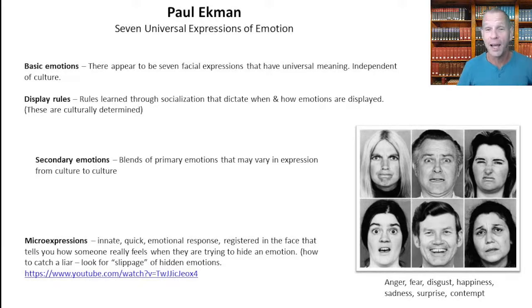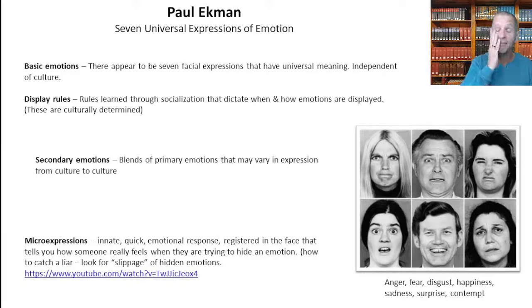And so, what this guy, Paul Ekman, found was that you could reliably predict when people are lying about things by learning how to look at the emotional slippage, he would call it, that occurs when people are lying.